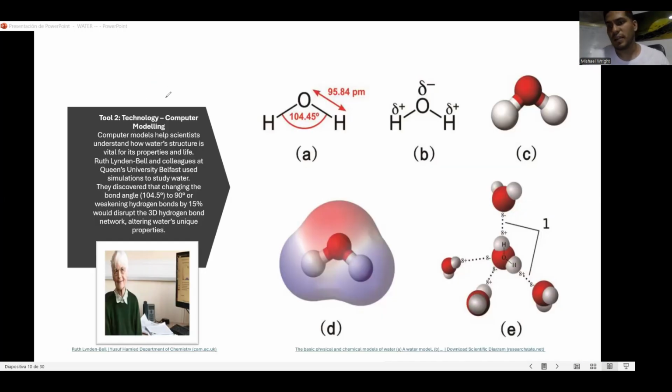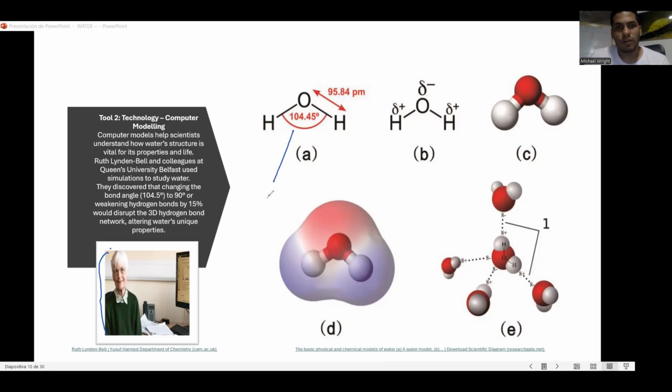Computer models help scientists to understand how water structure was vital for its properties in life. So Lynden-Bell and colleagues at Queen's University, Belfast, used simulations to study water, and they decreased the water angle.